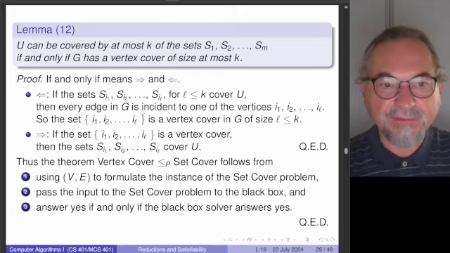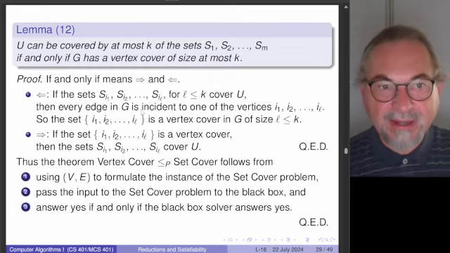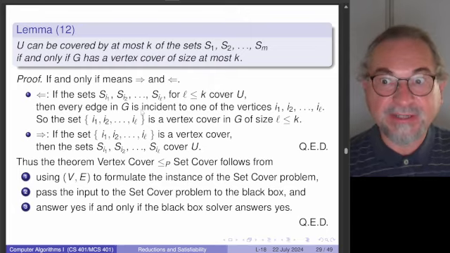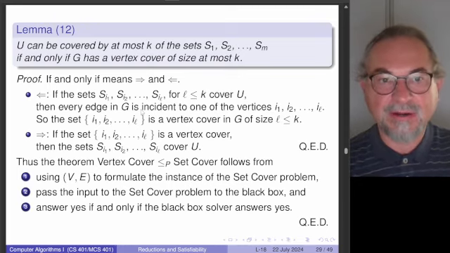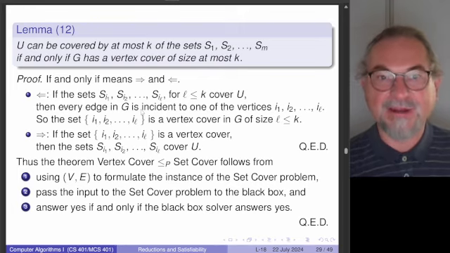Now let's finish that proof by the lemma. If we have a solution to the set cover problem, which is the first statement in this lemma, we have found k subsets.